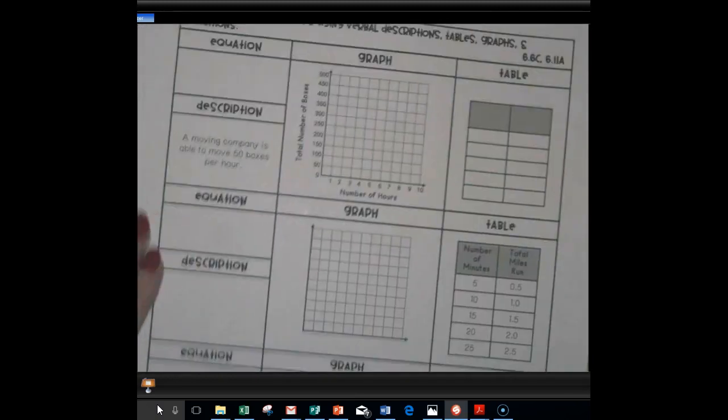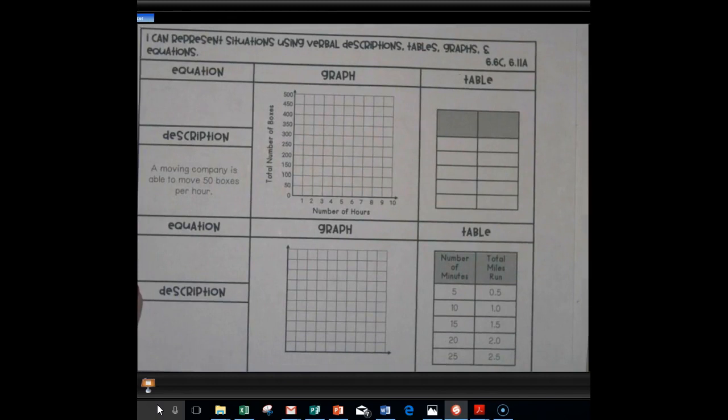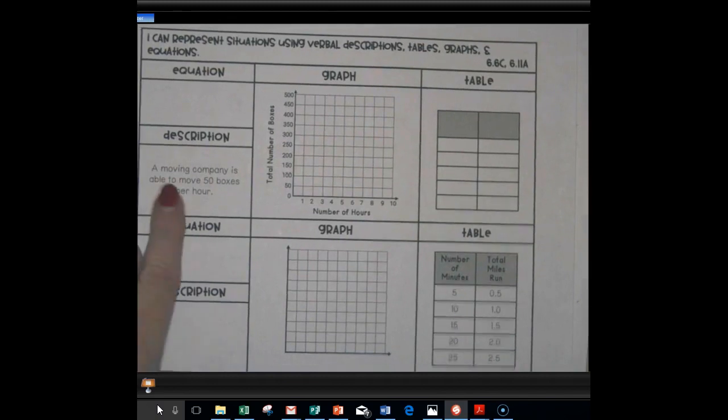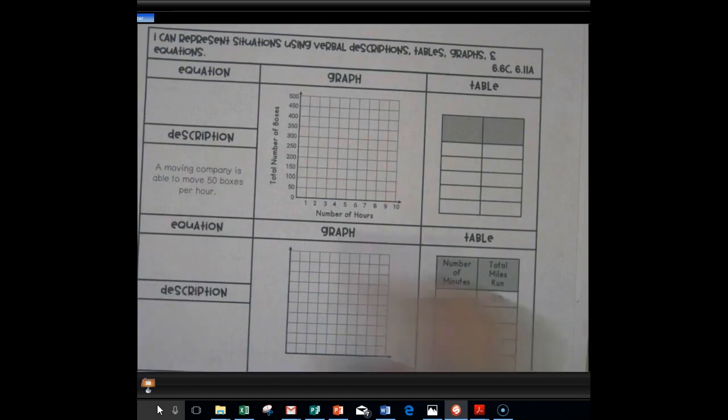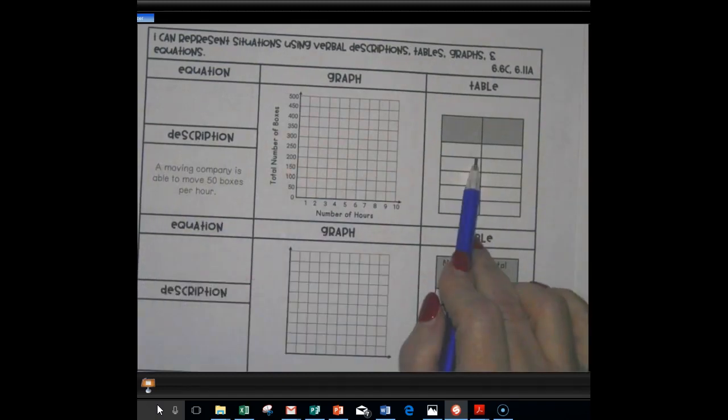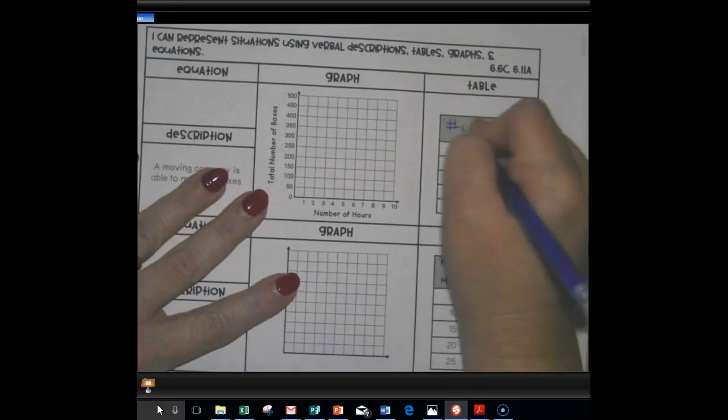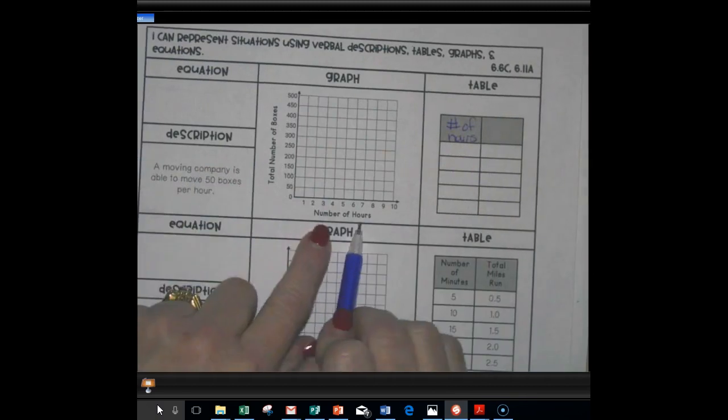Okay, the next section. A moving company is able to move 50 boxes per hour. So we need to fill in the table. This is going to be number of hours, because number of hours is my independent.